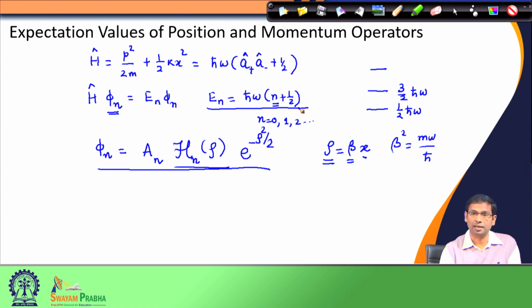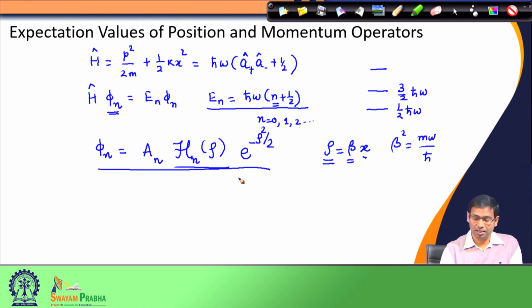So this is the general formula of the harmonic oscillator eigenfunctions, and this is the general formula for the harmonic oscillator eigenvalues. We discussed in the last class how the square of the wave function, psi star psi, the probability density corresponding to these wave functions, appear at different values of rho.